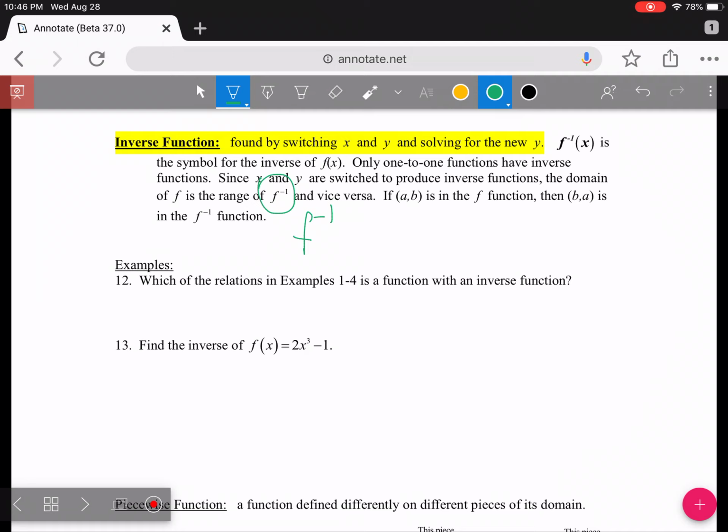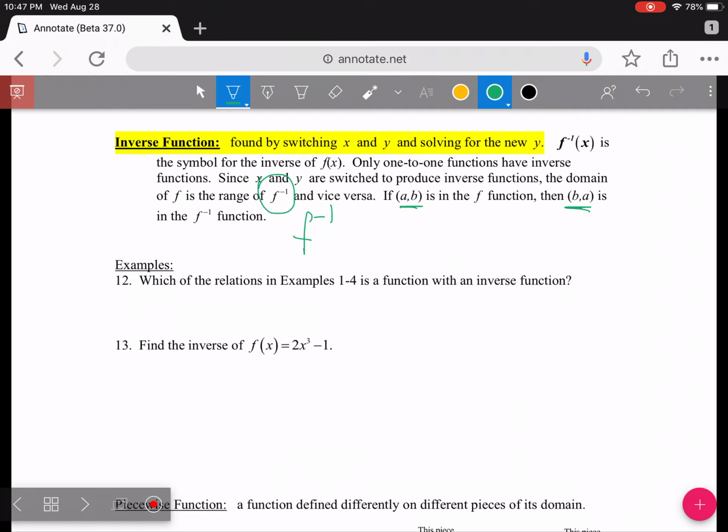So the domain of f is the range of f inverse, and the range of f is the domain of f inverse. Basically you just switch x and y and solve for y. If you've got the point (a, b), then you switch to (b, a), and that's a new point on your inverse function.